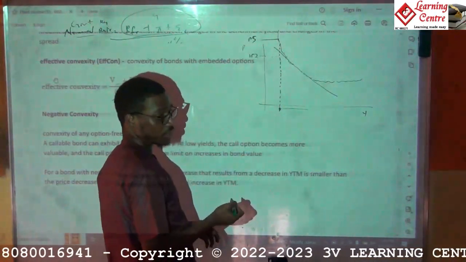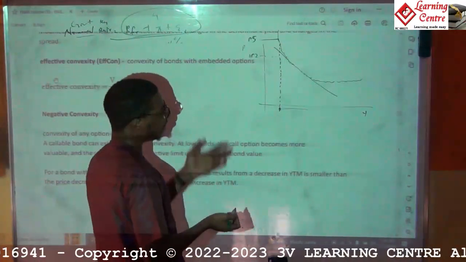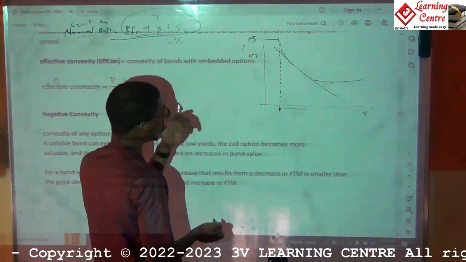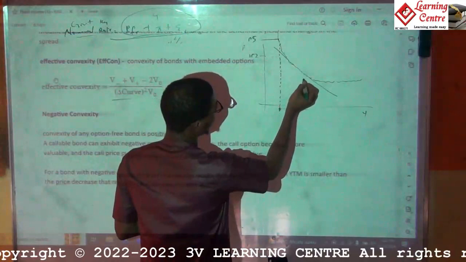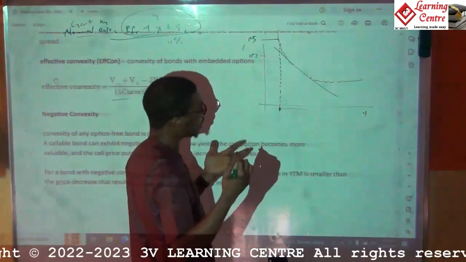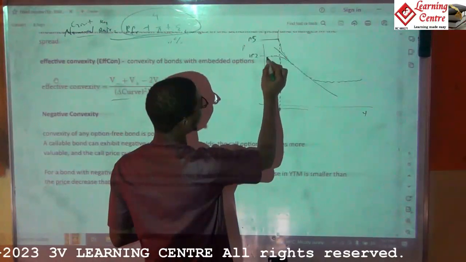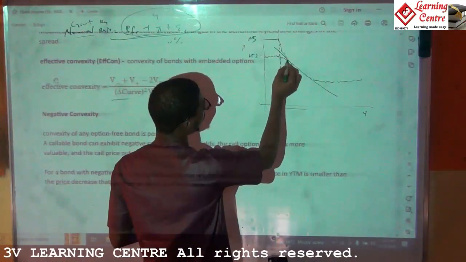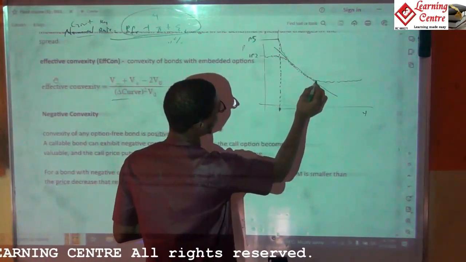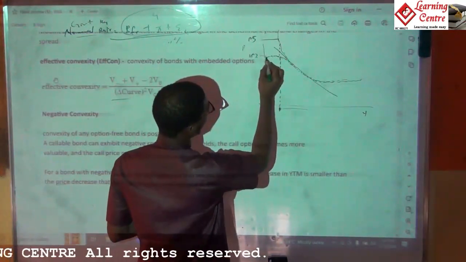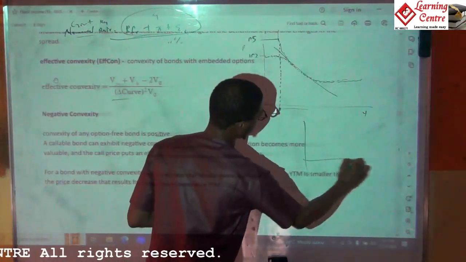But the issuer can call the bond, so I cannot be expecting a price at 105. What happens is that the market, knowing that this issuer can call the bond, the price of the bond will not go past this 102. So what we have now is this. Then we have something like this.